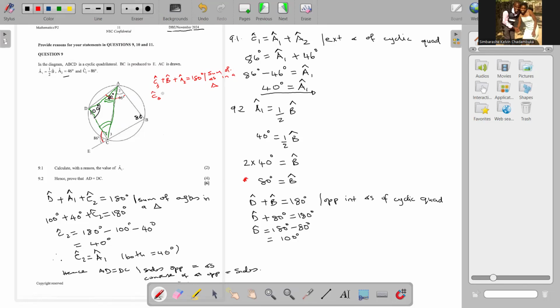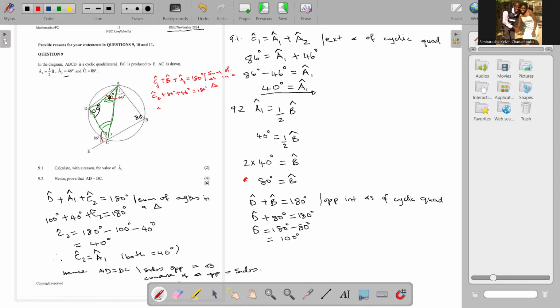Therefore, we are going to say C3 will be equal to, plus our B, which we found to be 80 degrees, plus our A2, which was given as 46 degrees, will be equal to 180 degrees.